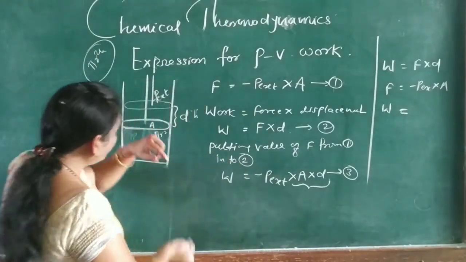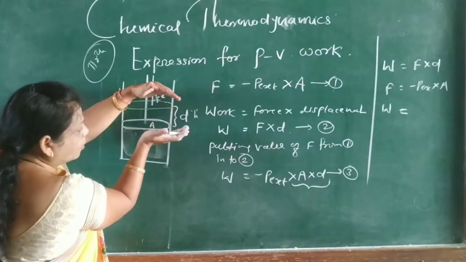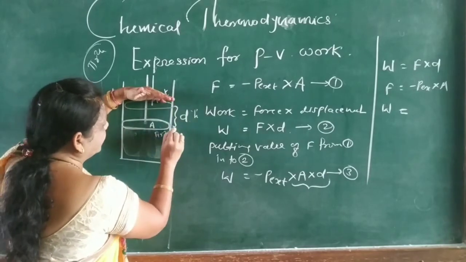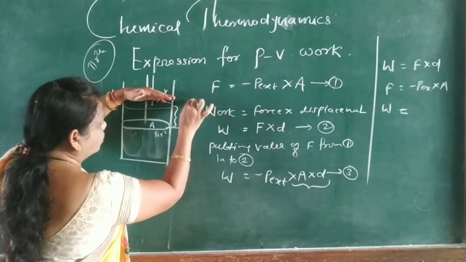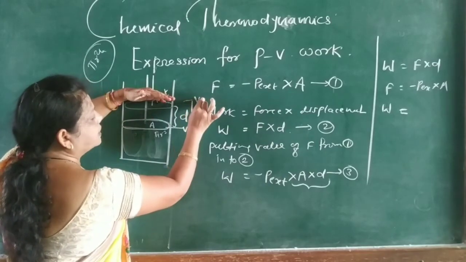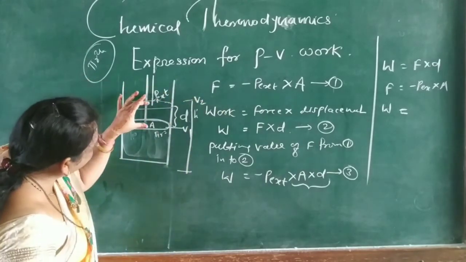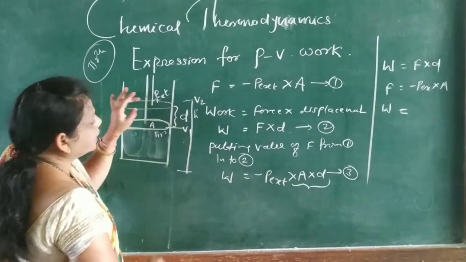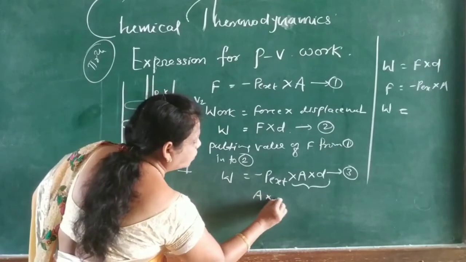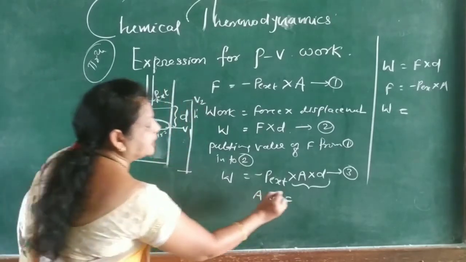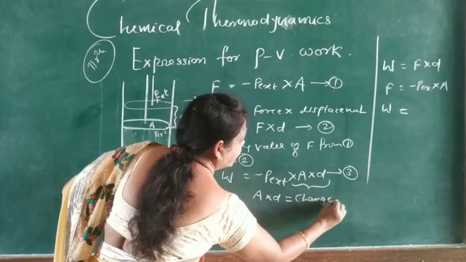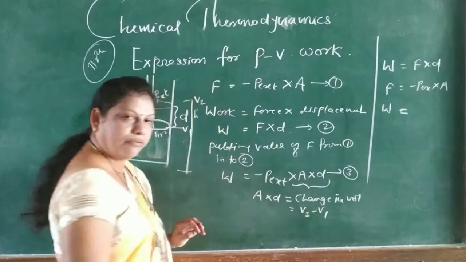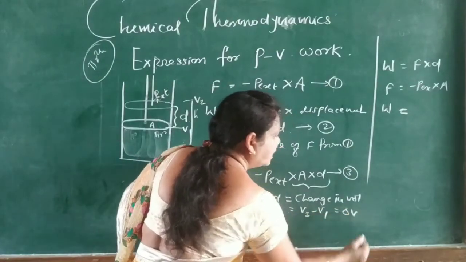But only this volume, because the height is this. If the initial volume is V1 and the final volume is V2, then this volume is V2 minus V1. Therefore A into D is equal to change in volume, that is V2 minus V1, which is equal to del V.